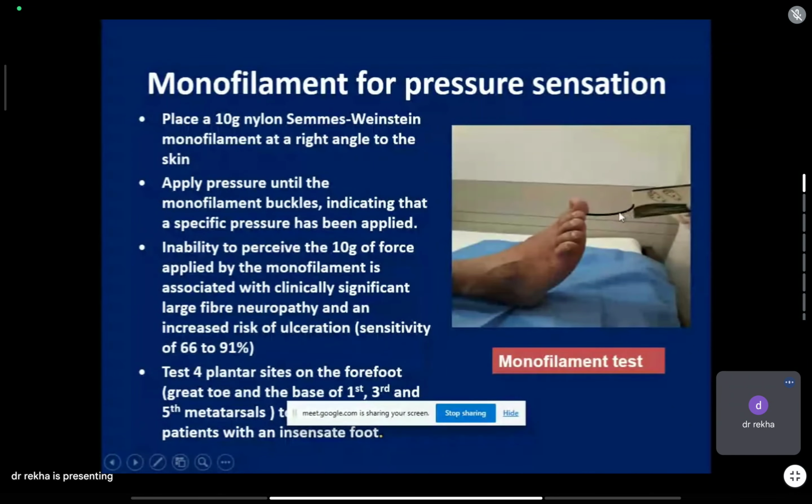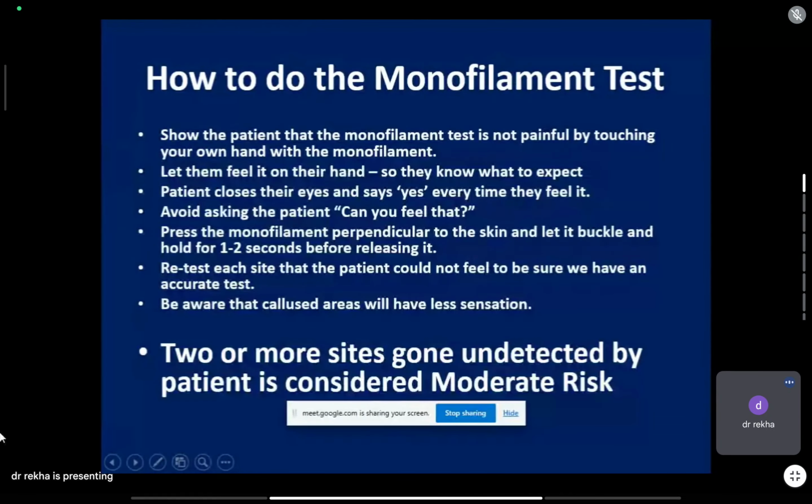We just put the monofilament perpendicular to the foot, and the areas are great toe, first and third MTH. Initially there are 5 places, but now we can check only 3 places: great toe, first and fifth MTH.